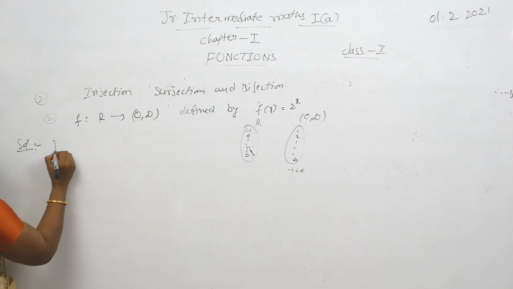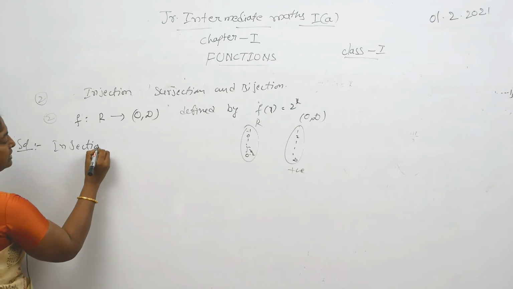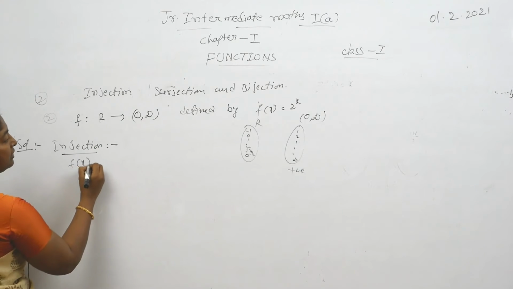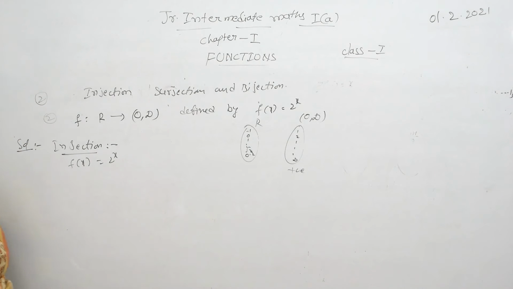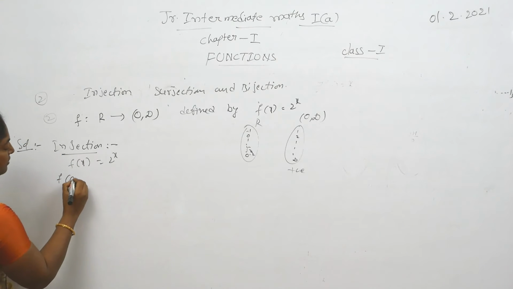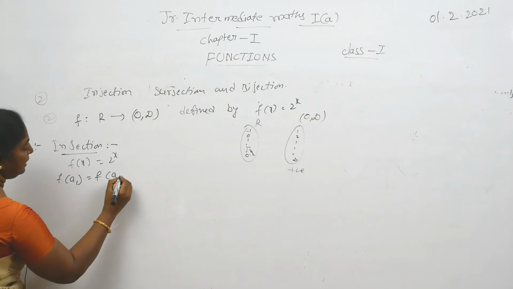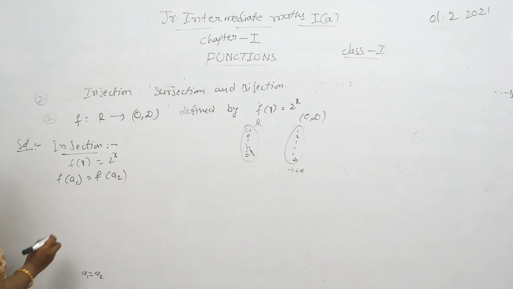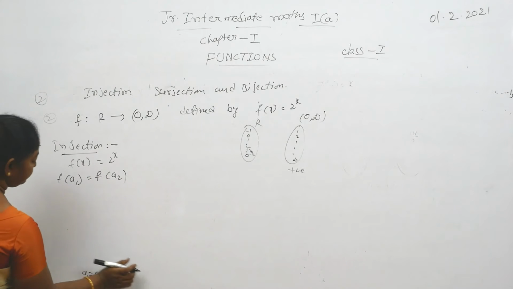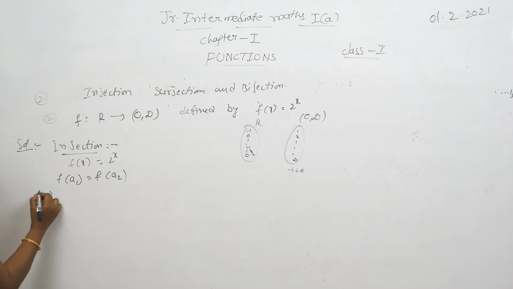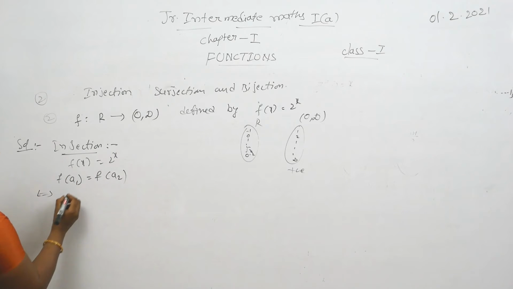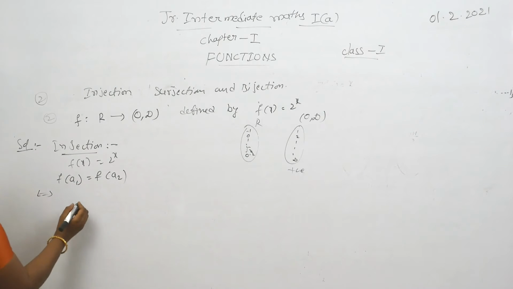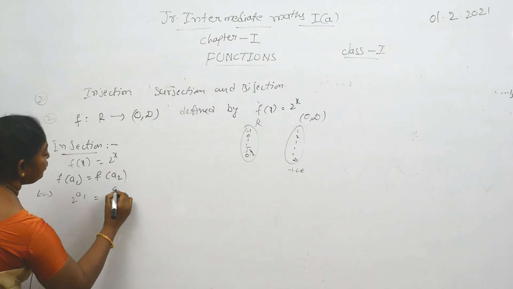Solution. First one, injection. f of x equal to 2 power x. The injection condition is f of a1 equal to f of a2 implies a1 equal to a2. So by implication, f of x equal to 2 power x, f of a1 equal to 2 power a1 equal to 2 power a2.